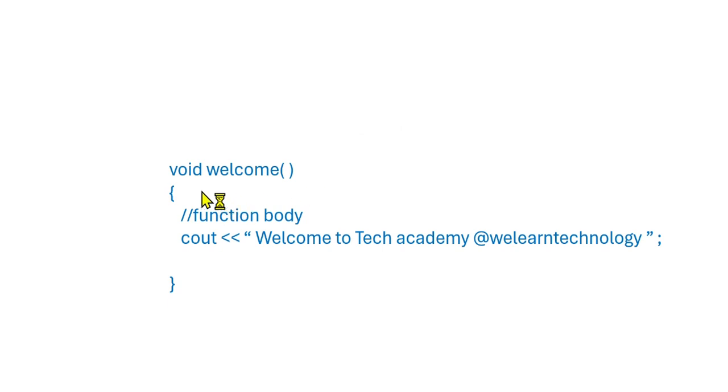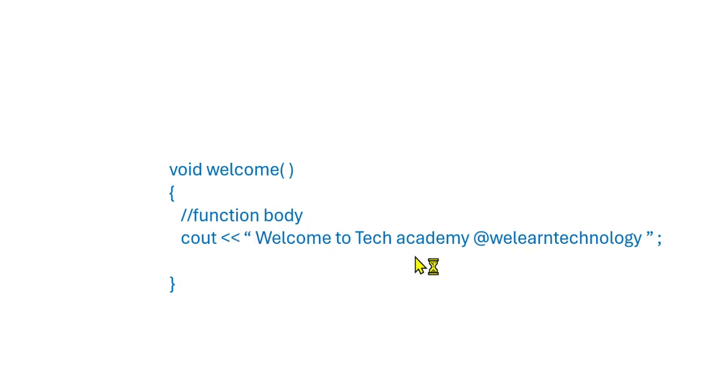It looks like this. The function name here is welcome, and the return type is void, which means we are not getting any value back. Into the function body we write a cout statement, where we print the whole sentence, welcome to Tech Academy, where we learn technology.